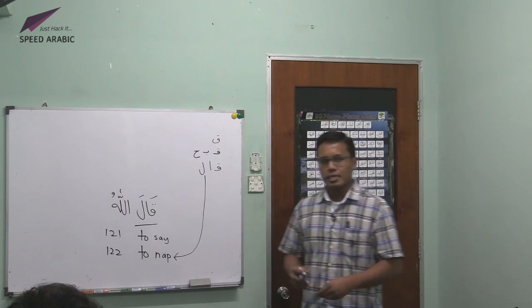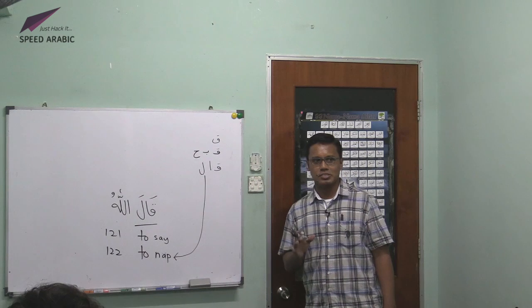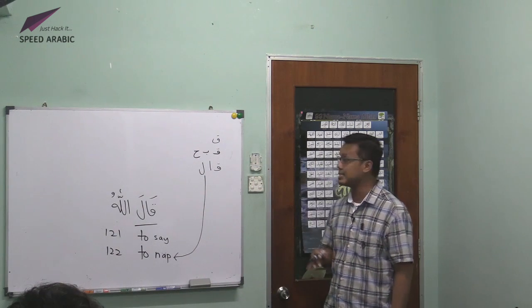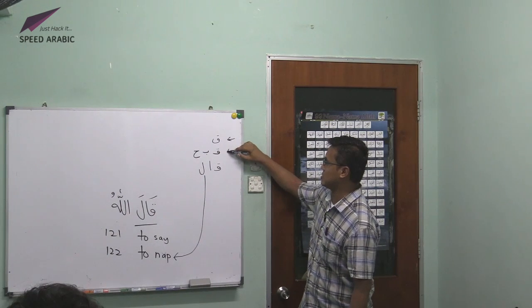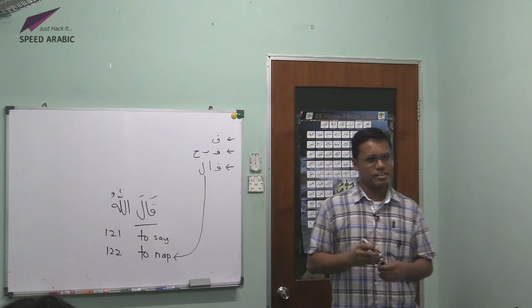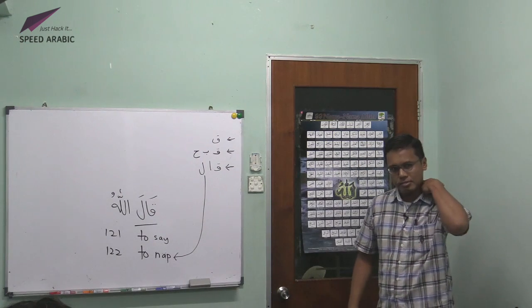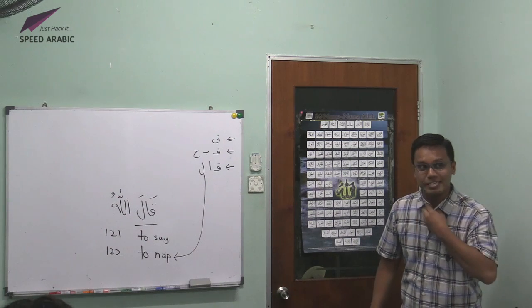Can you see something wrong here with the sequencing of the entries? This comes first, and then this comes next, and this comes last. What's wrong there? It should be earlier.